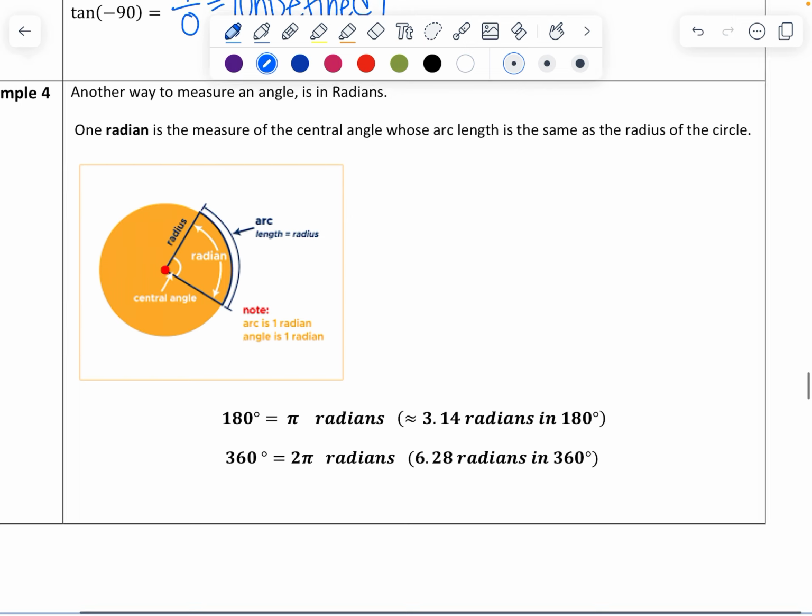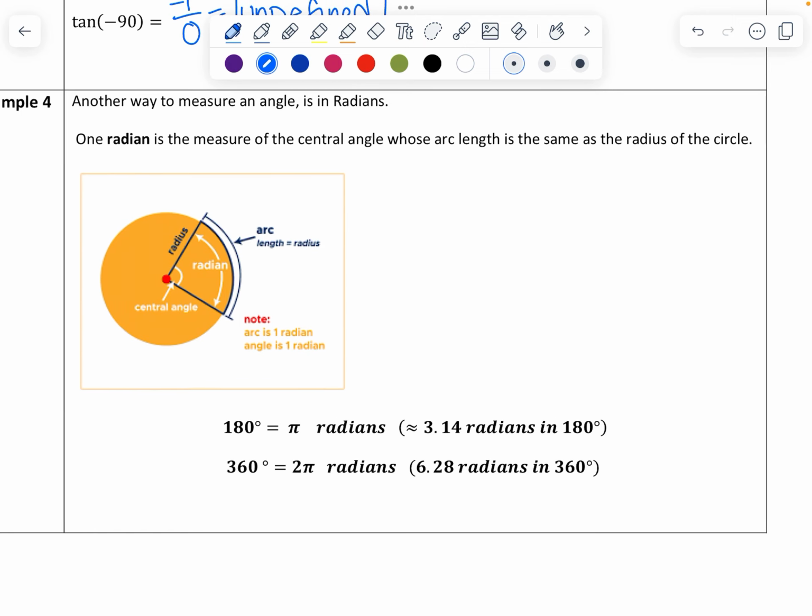Now we're going to look at another way to measure an angle, and this is radians. You've noticed that your calculator has 2 different modes, and we want it to be in degree mode. The other way to measure an angle is to use a radian. 1 radian is the measure of the central angle whose arc length is the same as the radius of the circle.